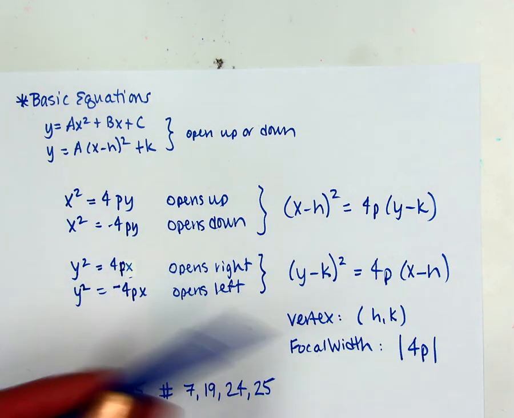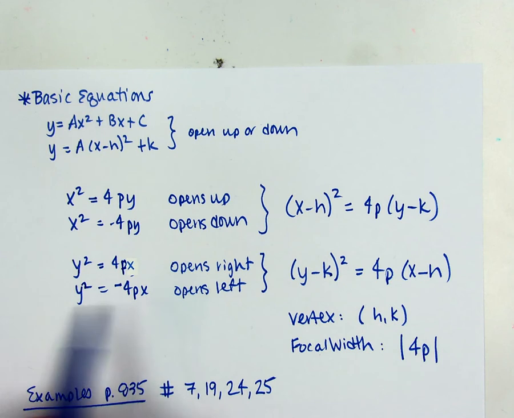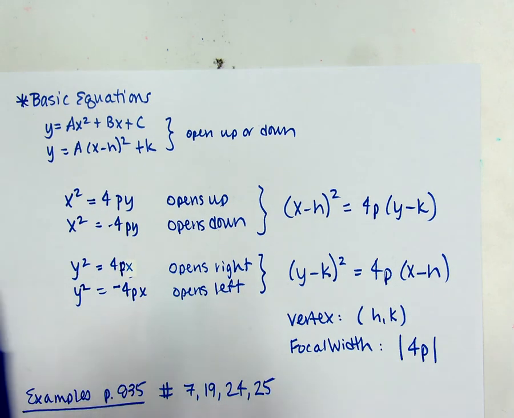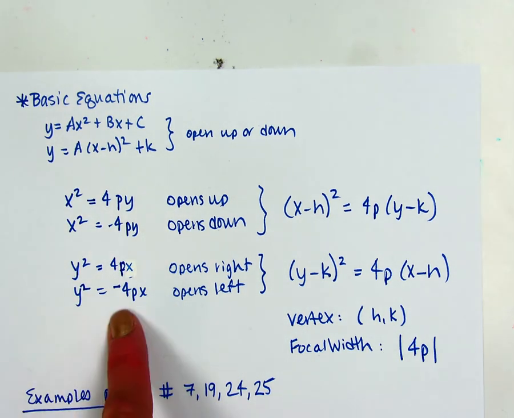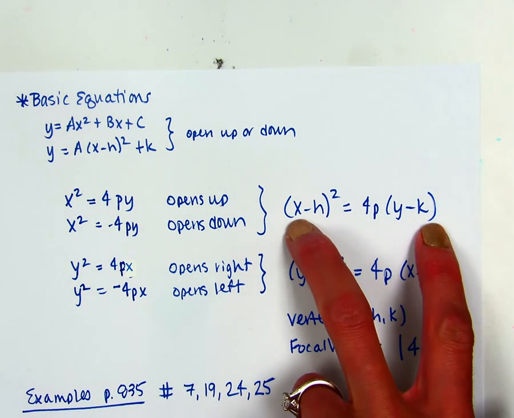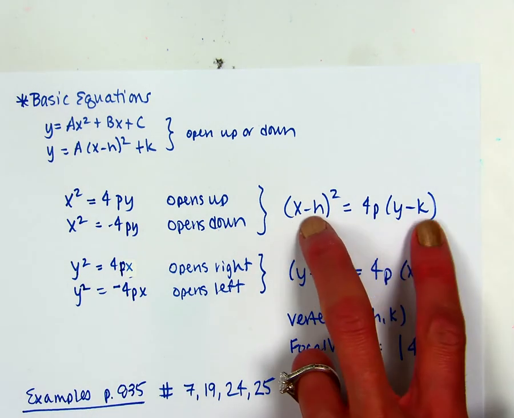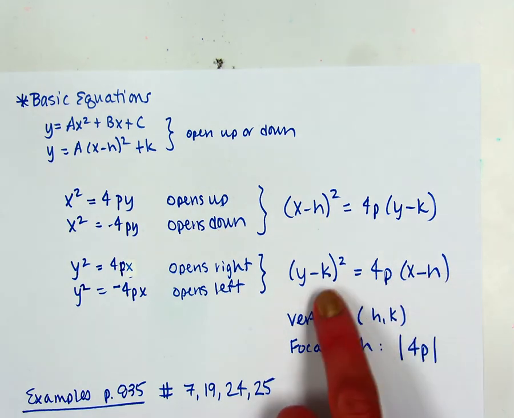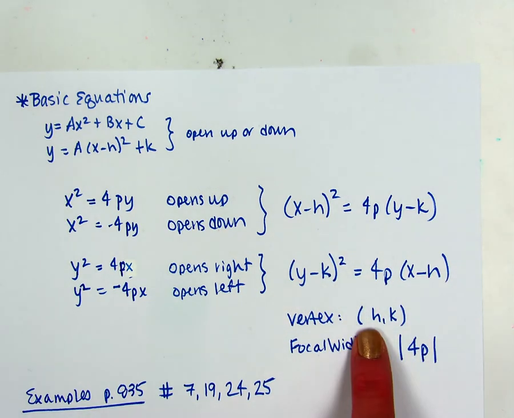Positive x-axis is to the right, and negative x-axis is to the left. All right, now these are for when the vertex is at 0, 0. Certainly that's not always going to be the case, so sometimes they'll be shifted over. Right? You have an h and a k value, and same thing here. Here's h, here's k. So your vertex will be at h comma k, and your focal width is always a positive value.